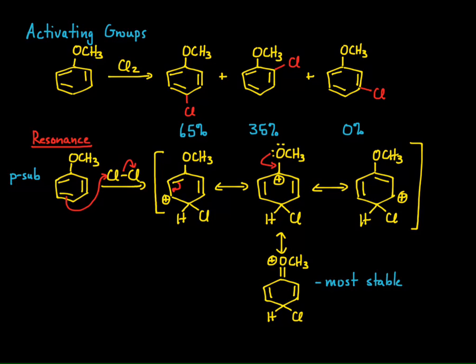And the reason for this is even though the oxygen has the positive charge and it's the most electronegative element, if you notice all of the atoms have an octet of electrons around it. And so when we look at stability of Lewis structures, we know that if all atoms can satisfy the octet rule, then that produces the most stable contributing resonance structure. So where the positive charge is on the oxygen is the most stable contributing resonance structure.